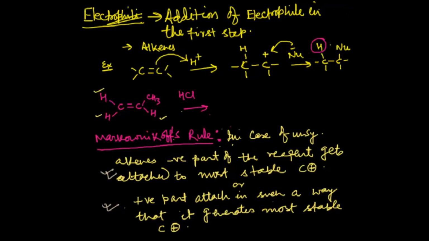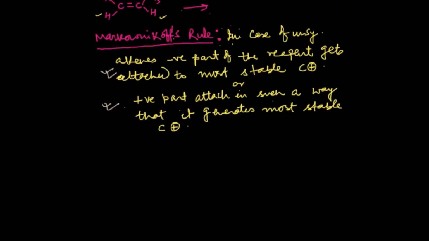In this way we can identify the product in the previous reaction, where the reagent is HCl, with CH3 and H here, so H+. Looking at this, we should analyze where the more stable carbocation is generated.